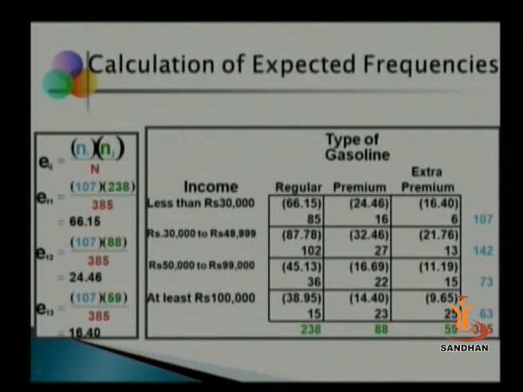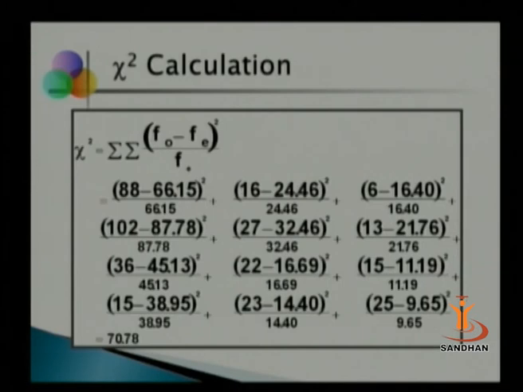For this 4 by 3 contingency table, one can calculate the expected frequencies by using the formulas given on the left hand side, and write all the frequencies, observed as well as expected, in the same table. Then again using the same formula, with a slight notational change: FO means observed frequencies, denoted by O_ij, FE means expected frequencies, denoted by E_ij.